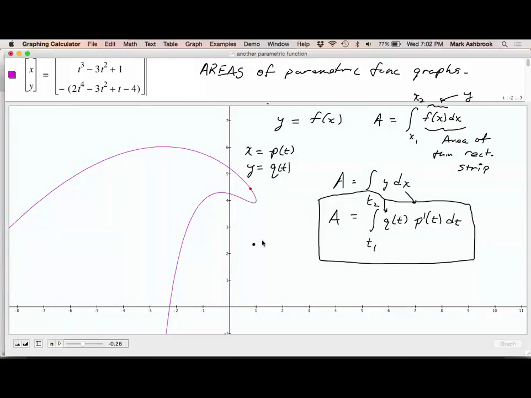Okay, so let's talk about if we were to start at t equals -1. Where's that?